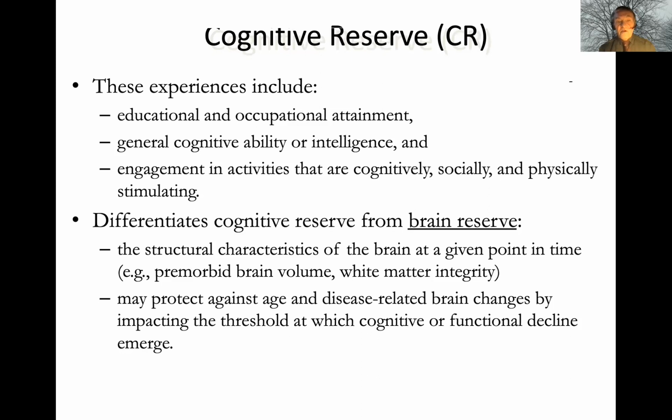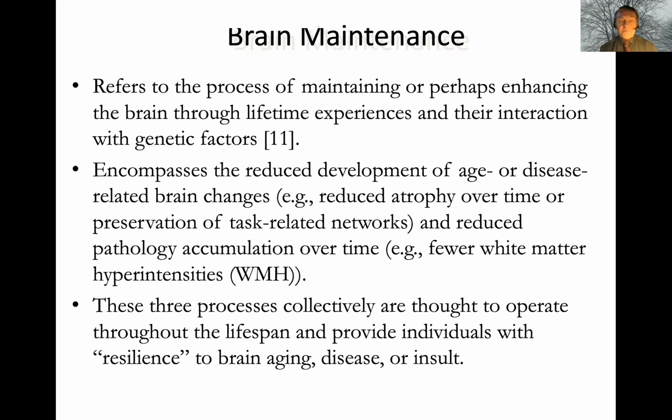So cognitive reserve is differentiated from brain reserve. Brain reserve refers to the structural characteristics of the brain at a given point of time, which is also important. A related concept is brain maintenance, which refers to the process of maintaining or perhaps enhancing the brain through lifetime experiences and their interaction with genetic factors.